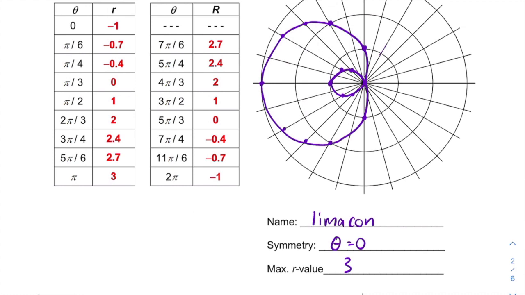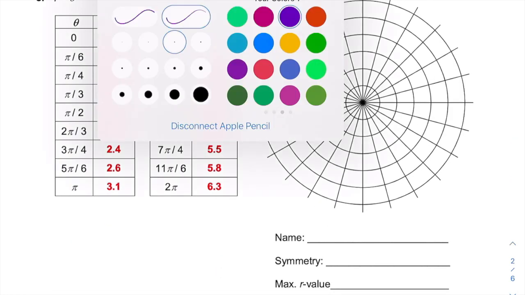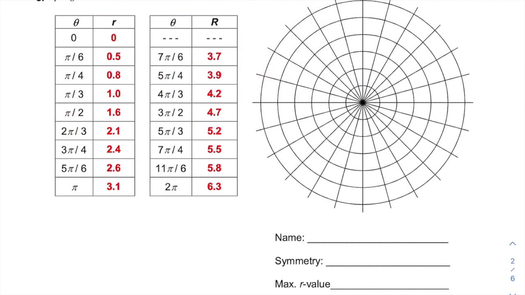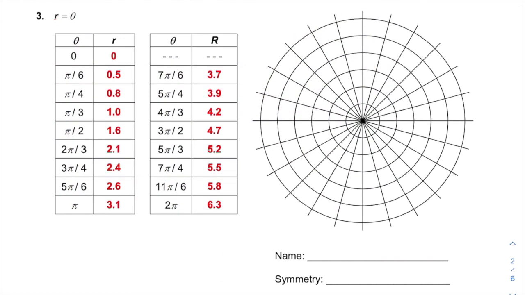Okay, for this next one, hopefully you're starting to pick up on how these are graphed, so I'm going to move a little bit faster here just for the sake of the explanation. All right. Our next graph is an interesting one. It's r equals theta.